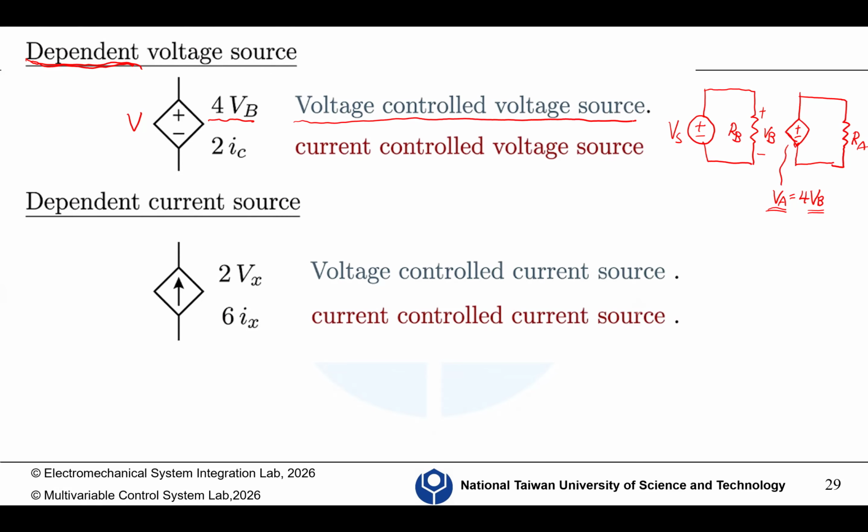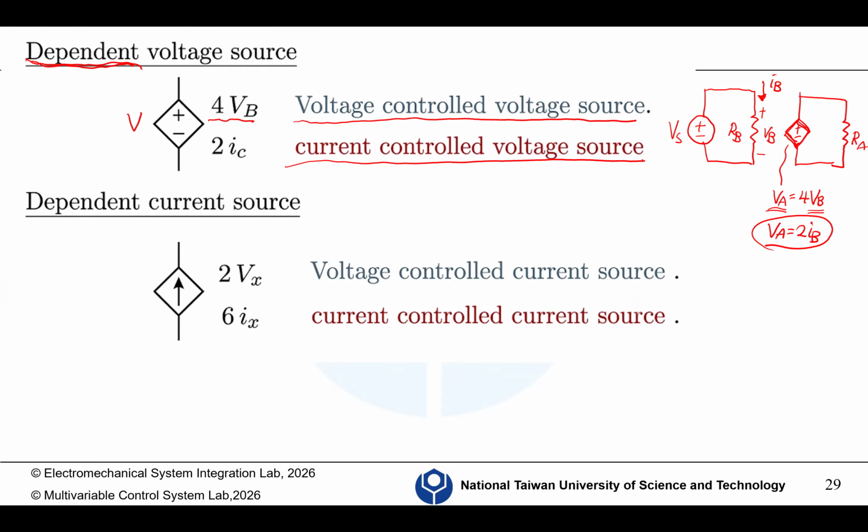Okay. And if we can calculate on the left circuit, we can calculate IB. So if you write VA equals 2 times IB, then we call this dependent voltage source a current controlled voltage source, because it is controlled by a current value flowing through a certain element in the circuit.